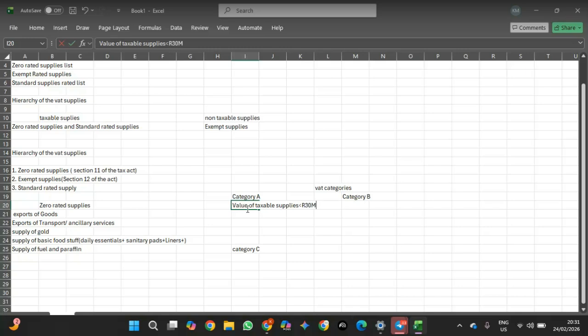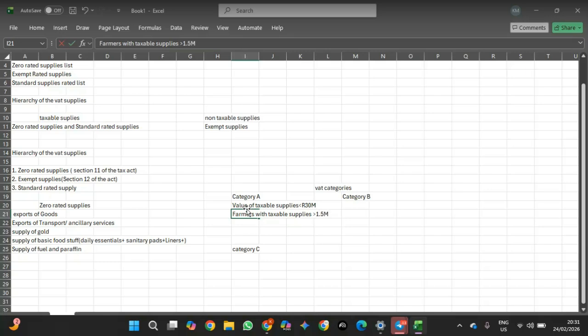And then also you've got another situation of what? Farmers with taxable supplies greater than 1.5 million, right? Farmers with taxable supplies greater than 1.5 million.